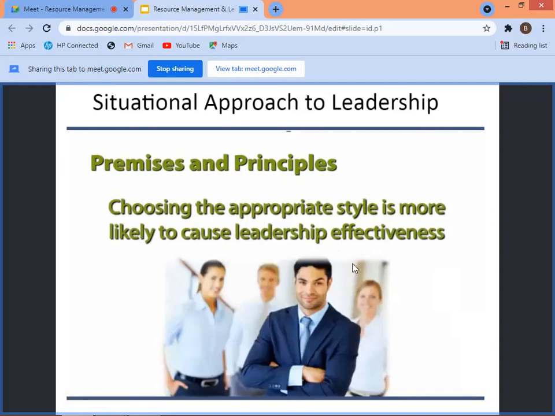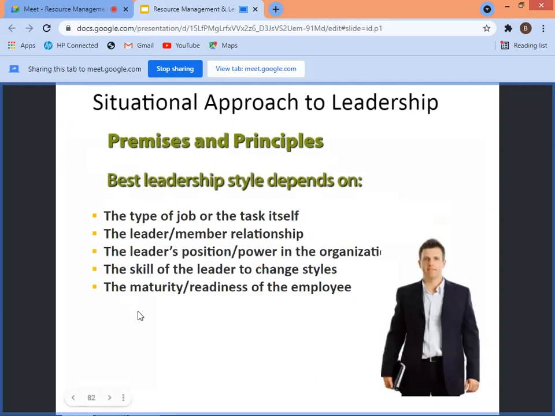If you are not doing the right thing depending on the situation, you will not be successful and become an effective leader. You have to have the right style for implementation to become an effective leader. Best leadership style depends on the type of job or the task itself.